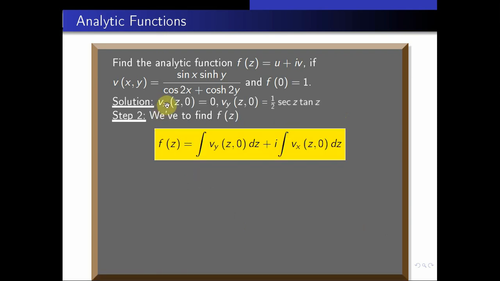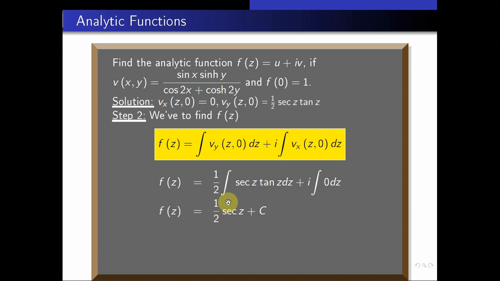We found Vx of z comma 0 is equal to 0, and Vy of z comma 0 is equal to half secant z tan z. So substituting, this is equal to half into integral of secant z tan z dz plus i into integral of 0 dz. This is equal to half into the integral of secant z tan z, which is secant z, plus a complex constant c.